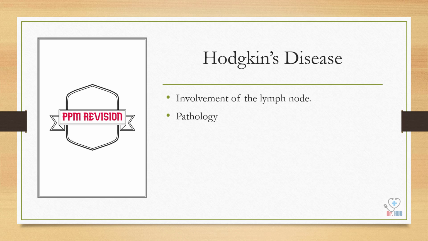Next, moving on to the polyploid type, which is also known as the popcorn type because it appears in the shape of a popcorn. It is mainly seen in the lymphocyte predominance type of Hodgkin's disease. Moving on to the pleomorphic RS cells, they are the features of the lymphocyte depletion type.